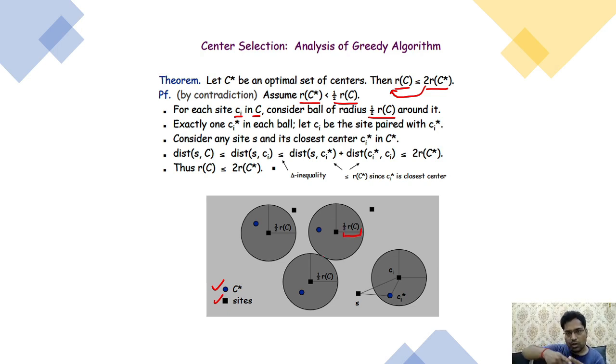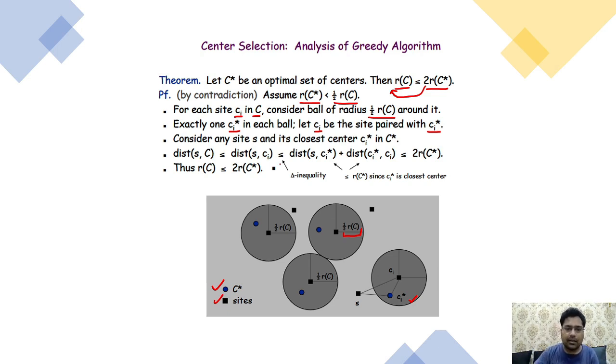Clear, this is the half radius we are keeping. Next, exactly one C star is found in this one. Here we found C1 star, which is the optimal center. Let Ci be the site paired with Ci star.